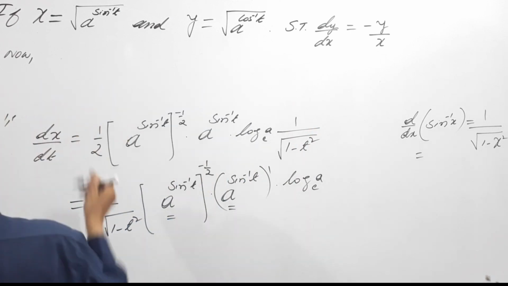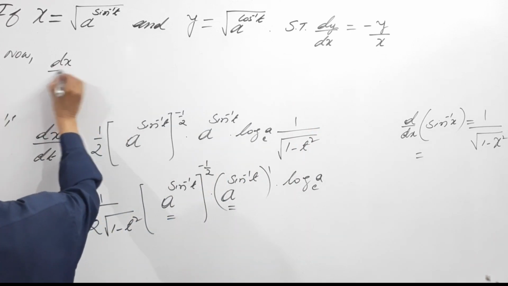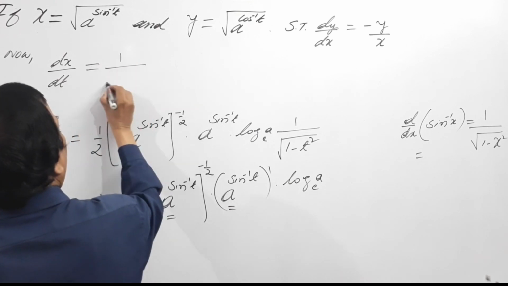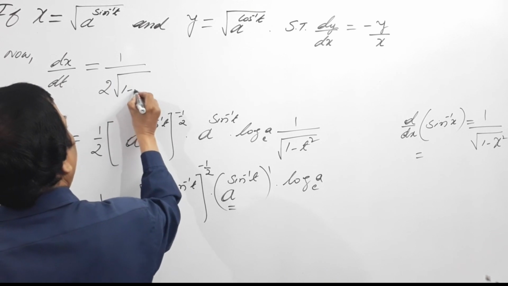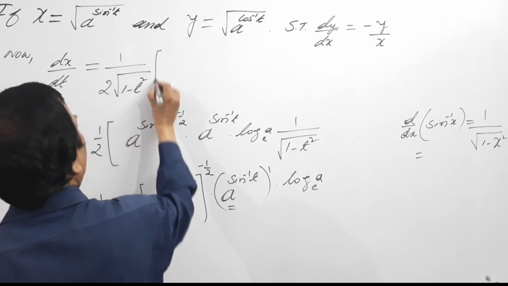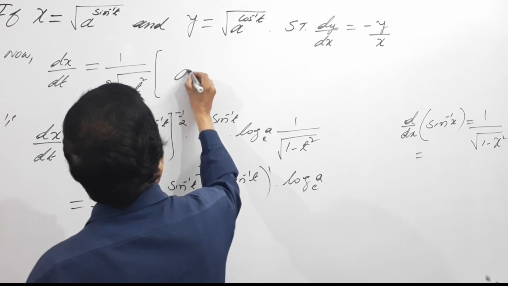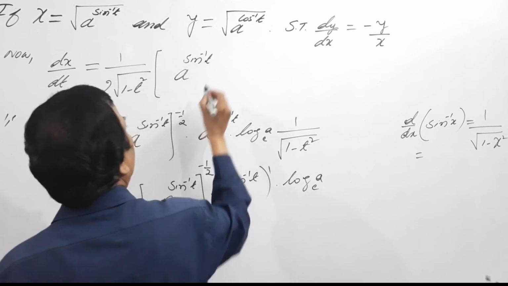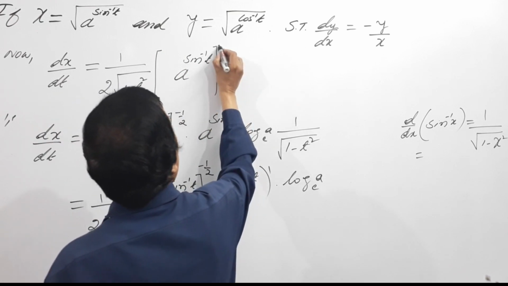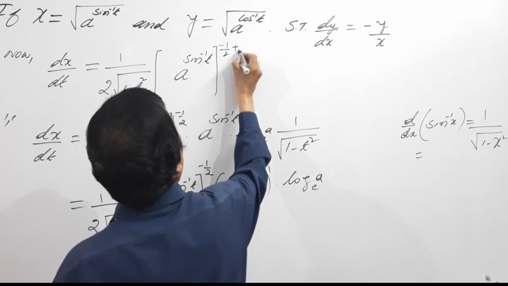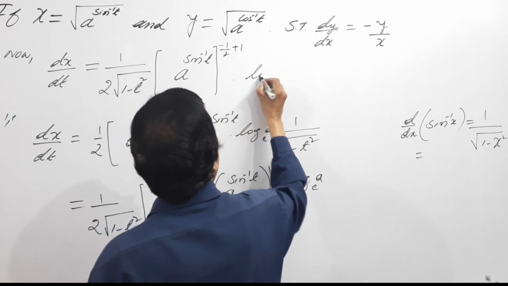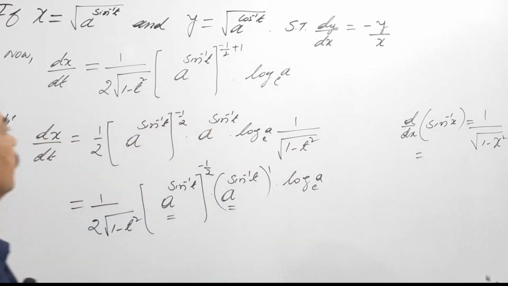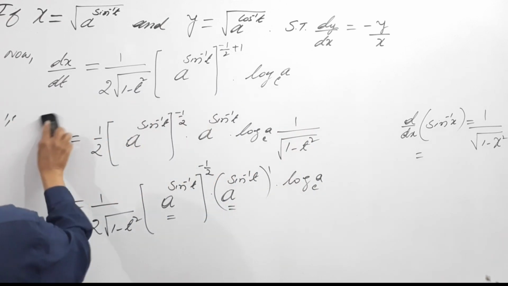So bases are same. So dx by dt equals to half into 1 minus t square. So what happens to this? A to the power of sin inverse t to the power of minus half plus 1 into log A to base C. I rub this.